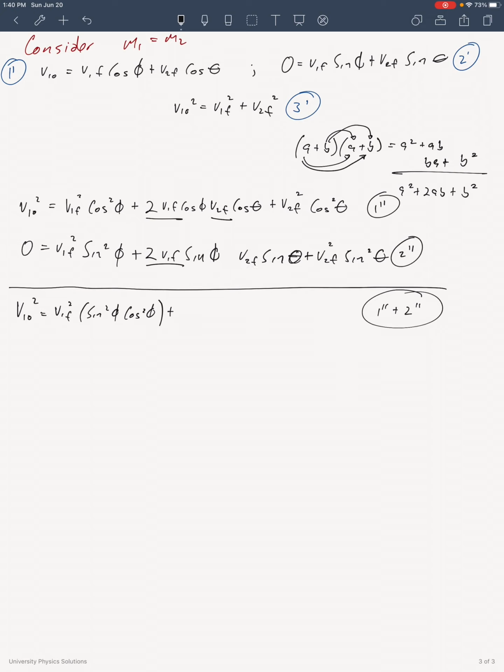So I have 2 times b1f sine of phi plus cosine of phi, plus, let's not close that parenthesis just yet, plus b2f.